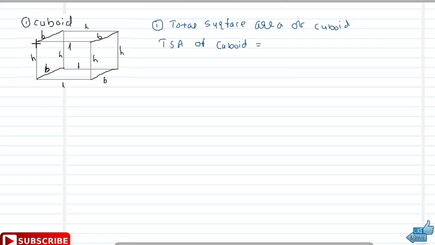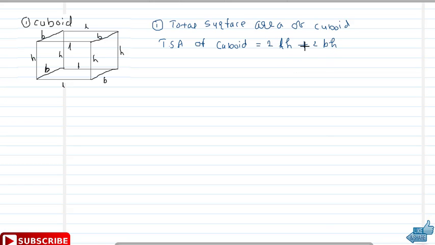Then the front face and the back face, both are equal, so we can say these are 2, so we can write here length of these 2 rectangles, L into H, L into H. So we can write here twice L into H, 2 L into H. Now these sides here B into H, and this is also B into H, so plus 2 B into H.